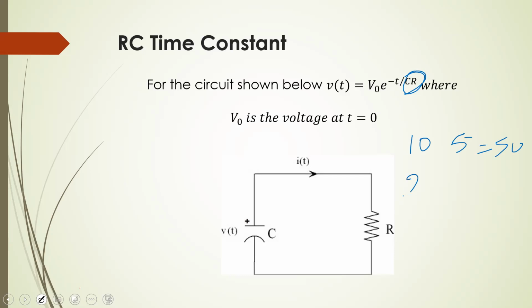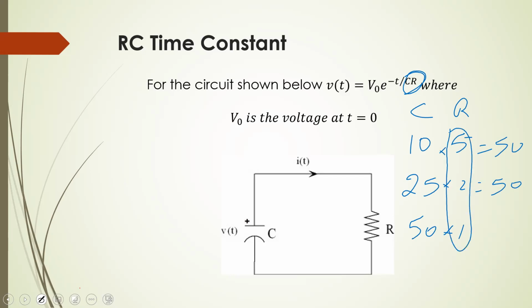But 50 is also equal to 25 by 2. I still get 50. This is C, this is R. 50 is also equal to 50 times 1. Simple point we're making: the R values are changing, but the RC values would not change.